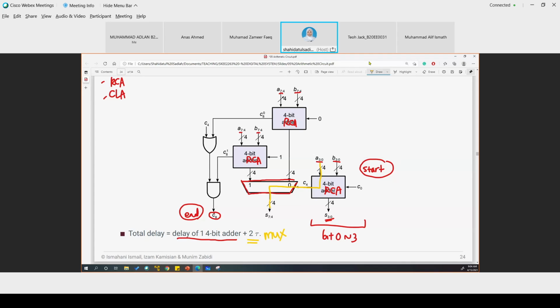Because if you recall, the multiplexer using SOP, that is 2 tau. And the 4-bit adder depends on the type of block that we use here.